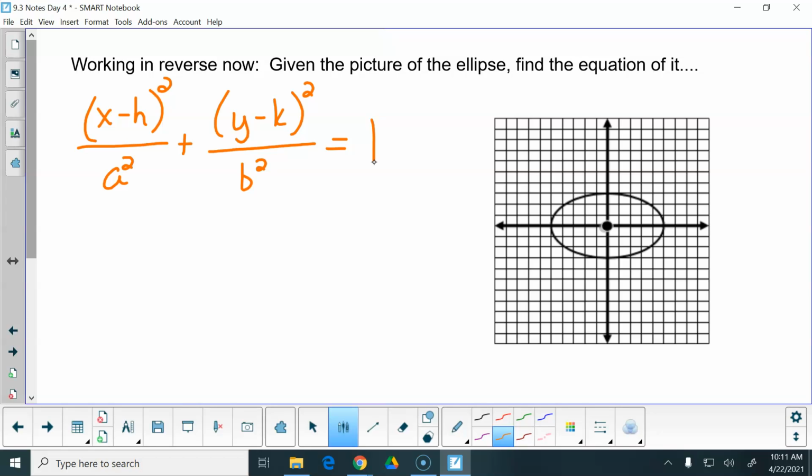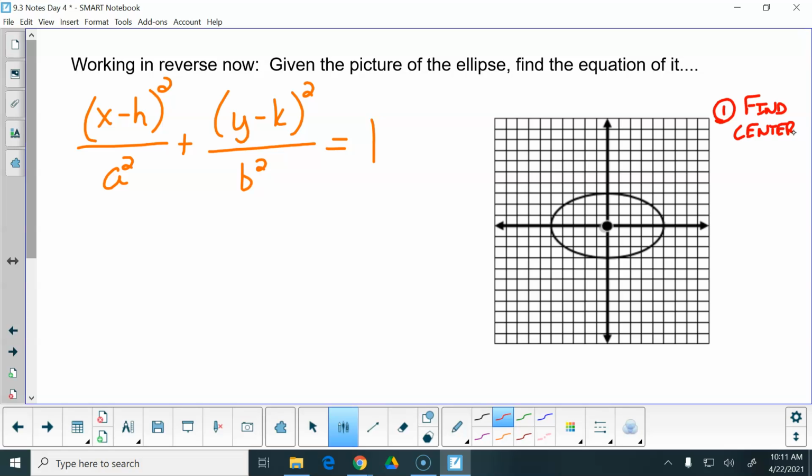Okay, that's the standard form of the equation of an ellipse. So we're going to have that. So the first thing that we should find is the center. We are finding the equation, yes.